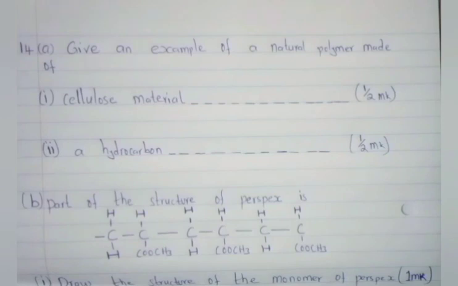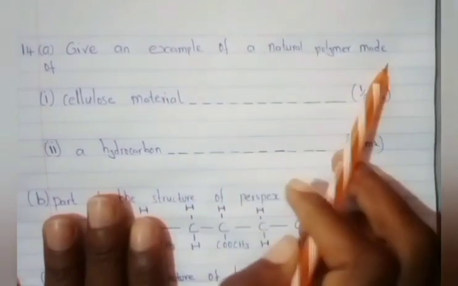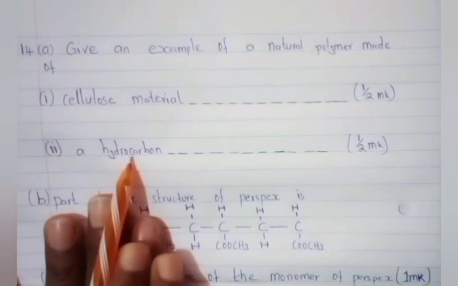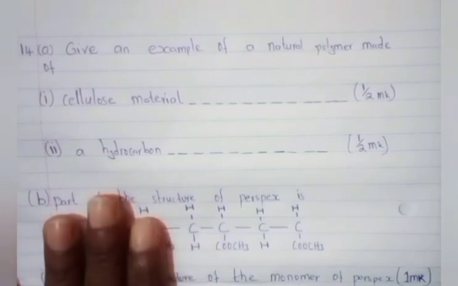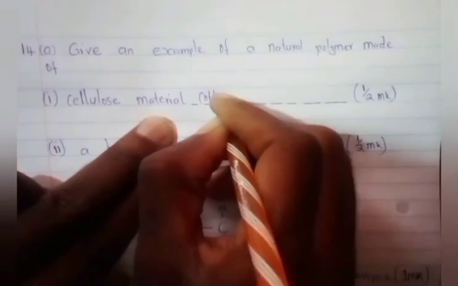Okay, the last question on organic chemistry was question number 14. So the question reads, give an example of a natural polymer made of Roman 1 is cellulose material, Roman 2 is hydrocarbon. So we know an example of a polymer that is made of cellulose material is, we have cotton, or we can have paper, or we can have wood.